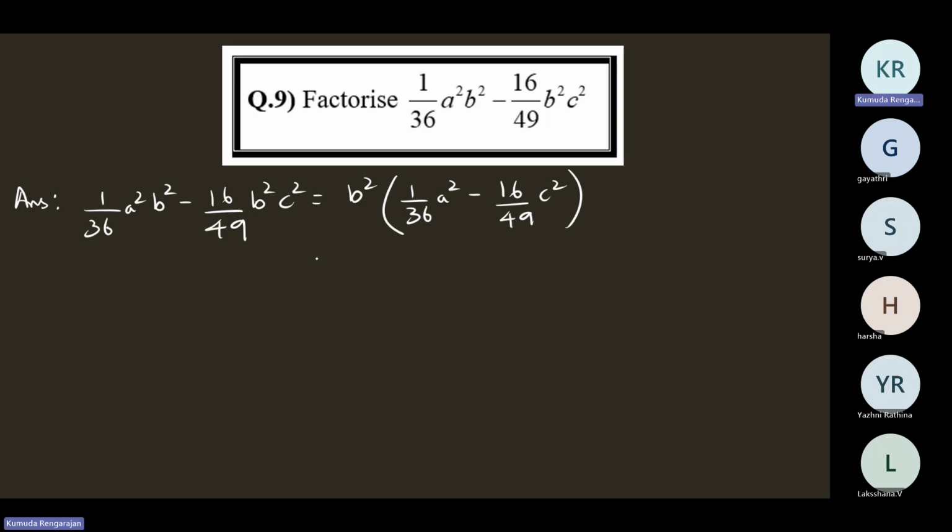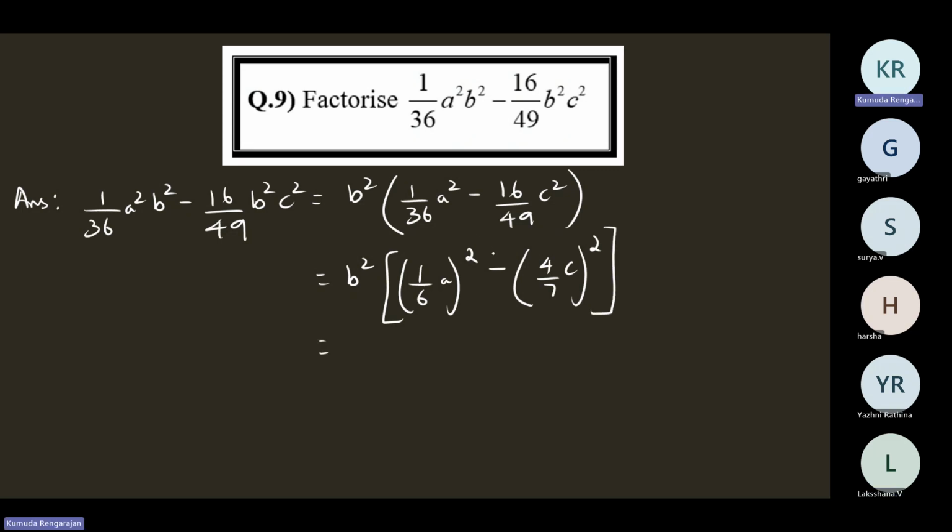Now, what is (1 by 6a) the whole square, minus (4 by 7c) the whole square. So you can write this of the form a square minus b square. 1/6 into 1/6 is 1/36 a square. 4/7 into 4/7 is 16/49 c square.